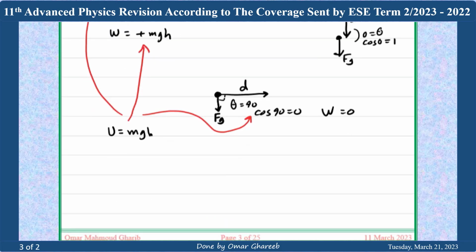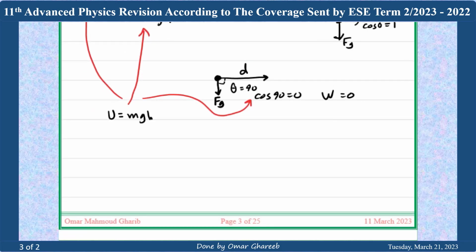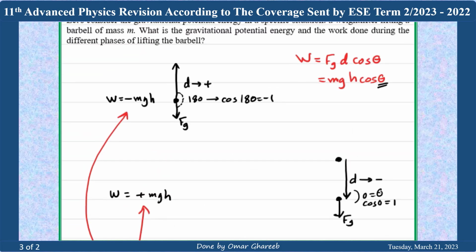If you want to compare them, you just put the work done by the gravity equal to the minus of the change in the potential energy, which is minus mg delta h. So if delta h while going up, then it would be positive. Positive times negative is negative, which is the first one here.